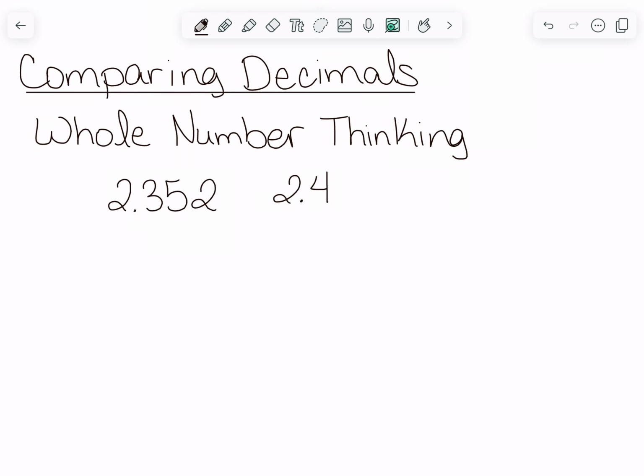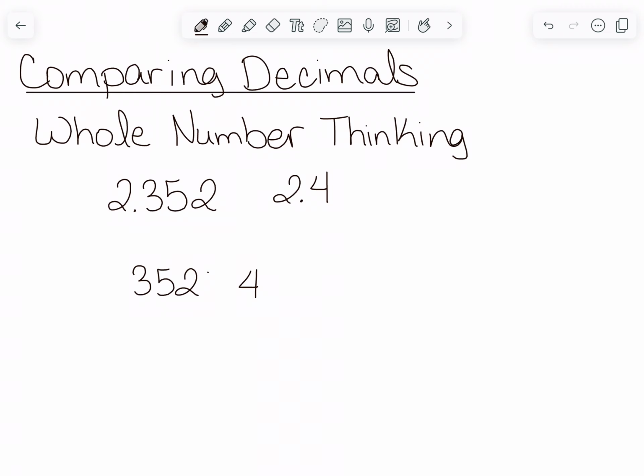Let's suppose we want to compare 2 and 352 thousandths and 2 and 4 tenths. With whole number thinking, that portion to the right of the decimal point gets treated as a whole number. When students make this mistake, they're thinking about comparing 352 to 4.